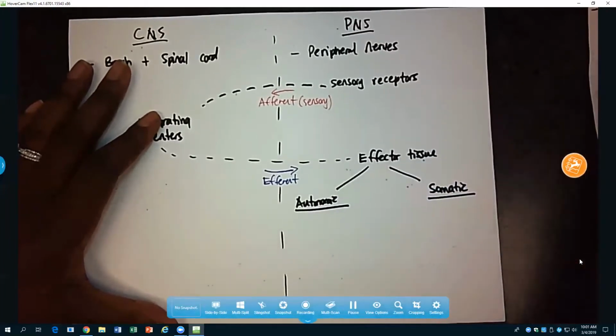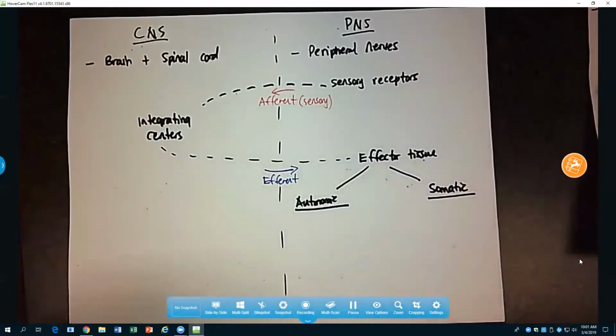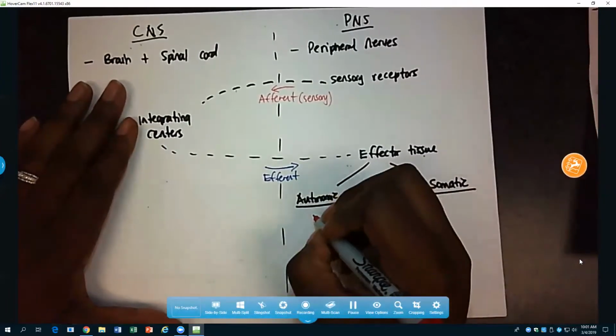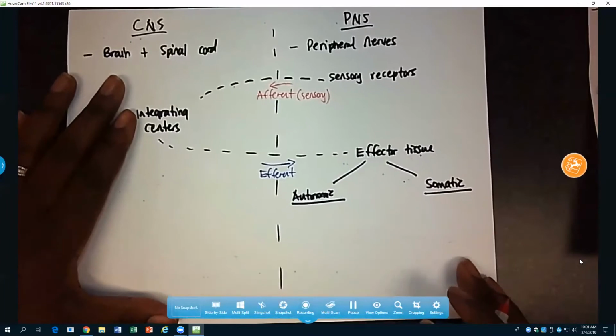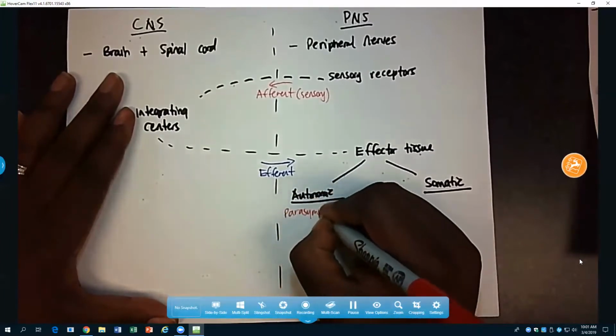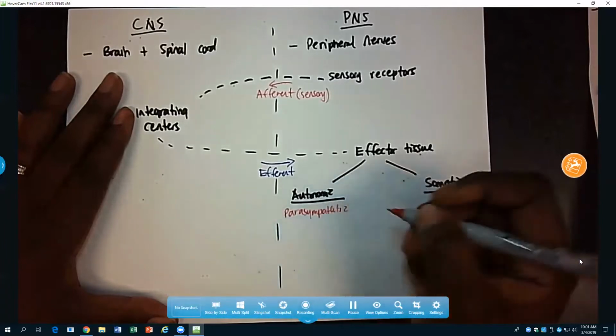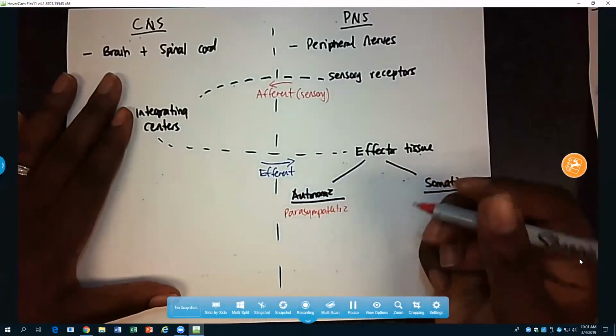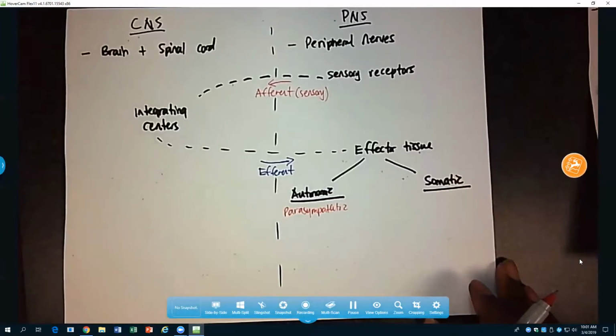All right, now let's just mention some differences between these two. So the autonomic effector tissue had two further divisions. There was the parasympathetic. Can anyone think of the function of the parasympathetic? I know we haven't touched this, but it should be a review. What were the functions of the parasympathetic system?